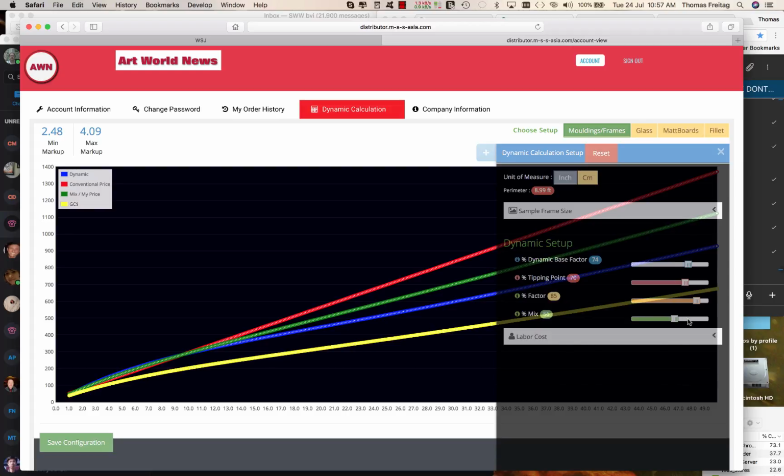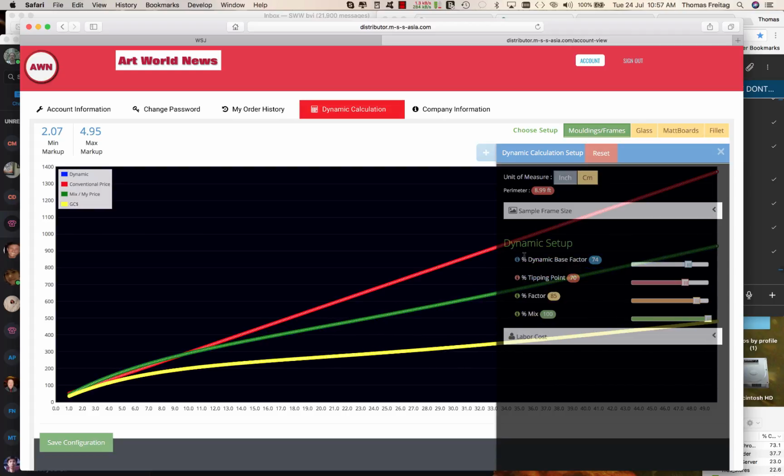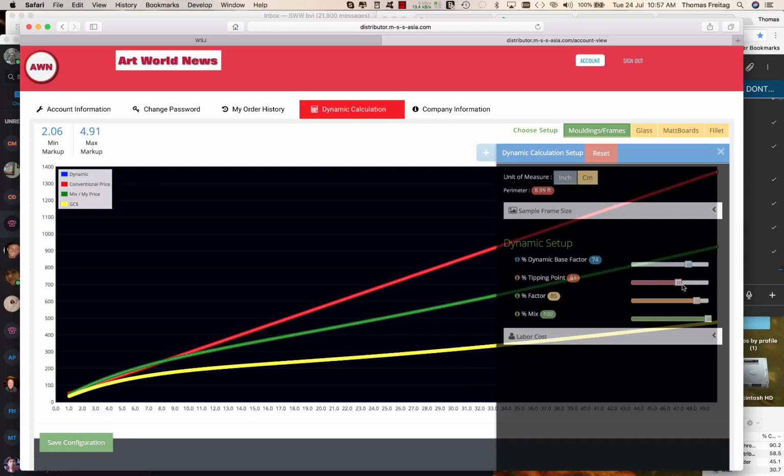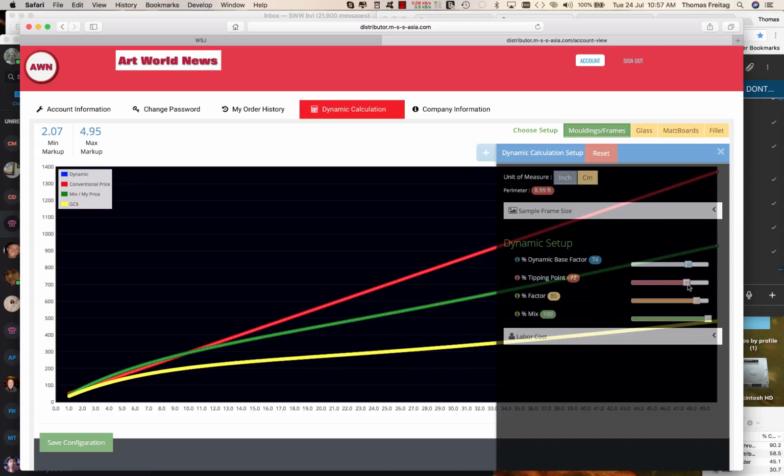Coming to the red slider. As you know, you can see your minimum markup here, your maximum markup up there. And with the red slider, you can adjust the tipping point. We call the tipping point the point which is your average molding price, which you pay when you buy shop service.